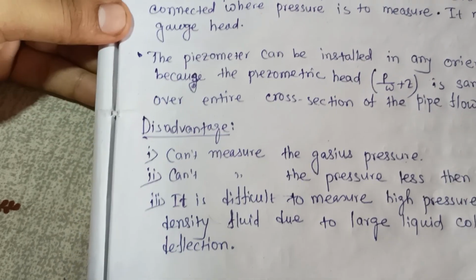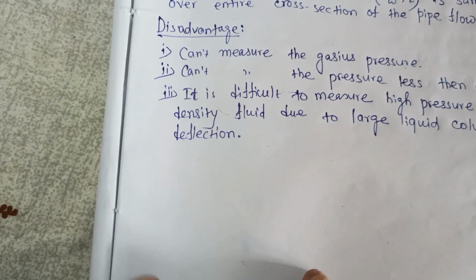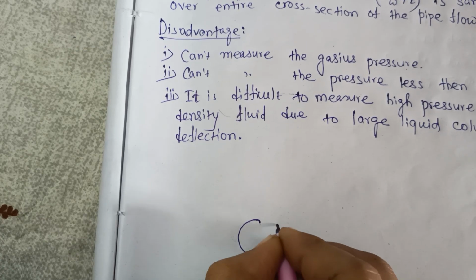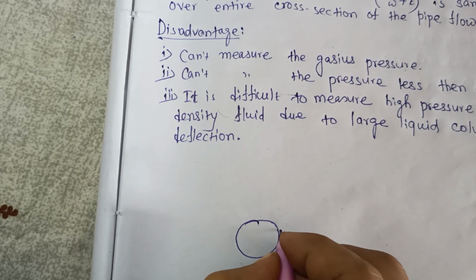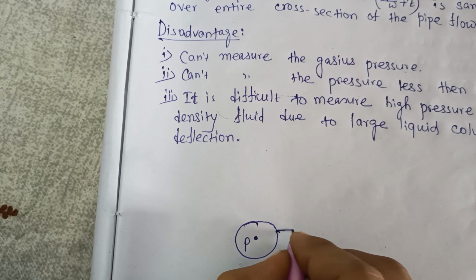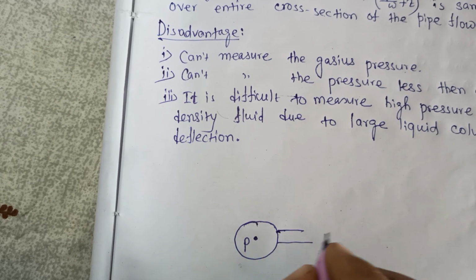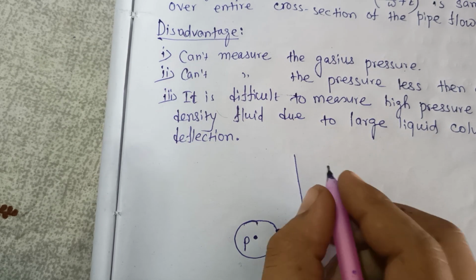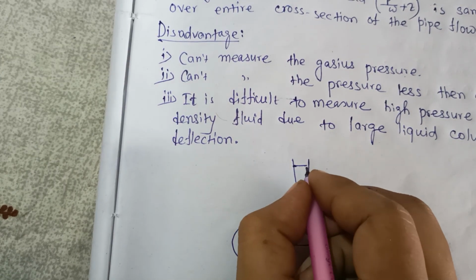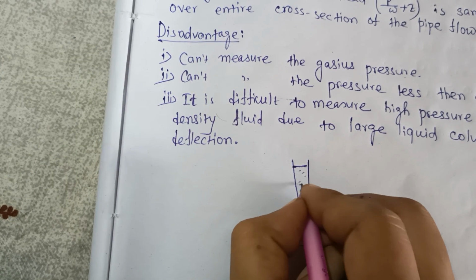Okay, so consider one pipeline is there and you want to connect here. There is a pressure P at a point, so you connect one piezometer and the liquid column deflection is there.